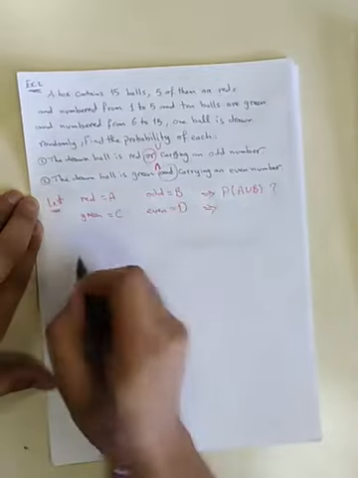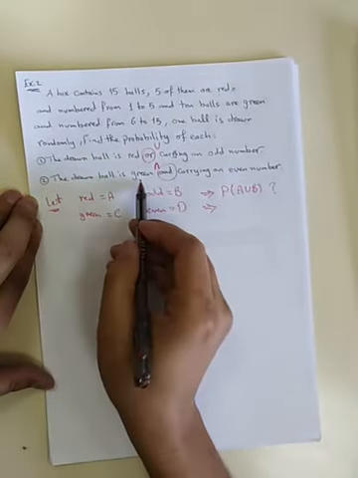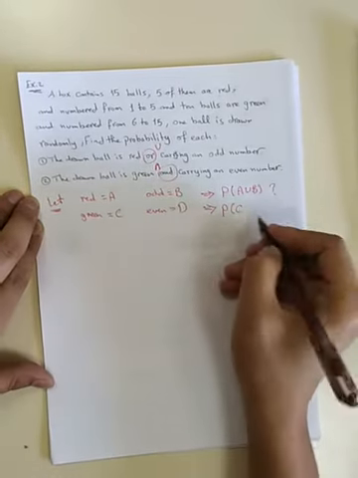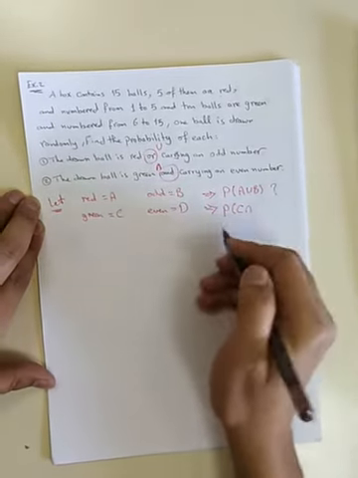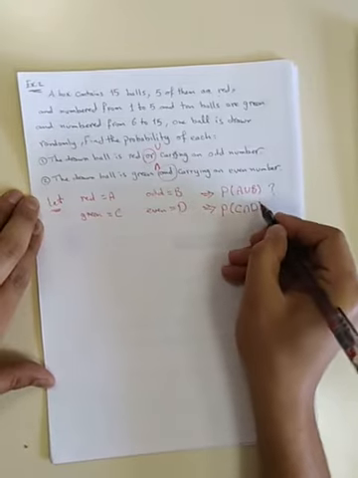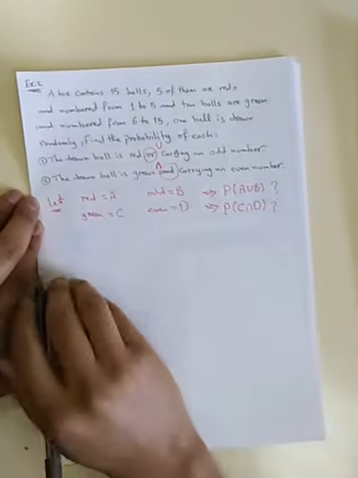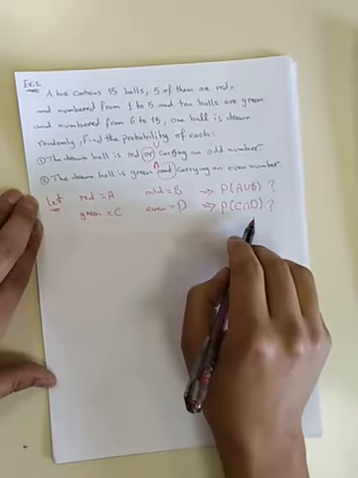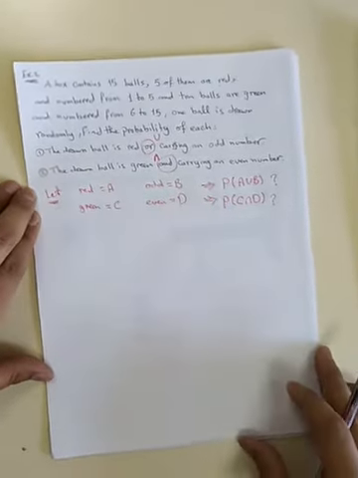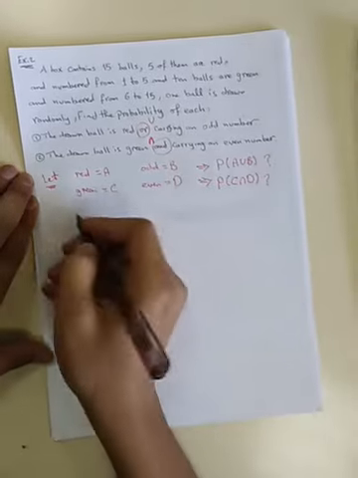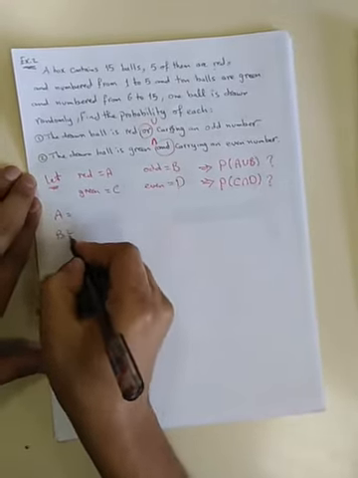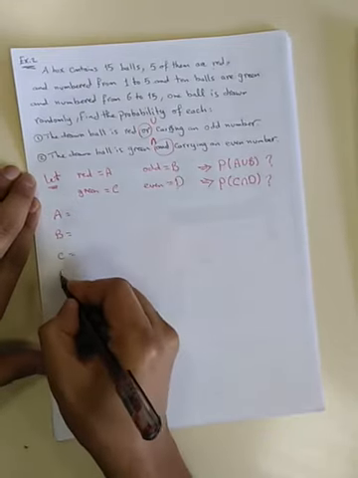Number 2, the drawn ball is green, C, and, which means intersect, carrying an even number, denoted by D. This is the second required, as you see. How can we get this? Let's get first A, B, C, and D.